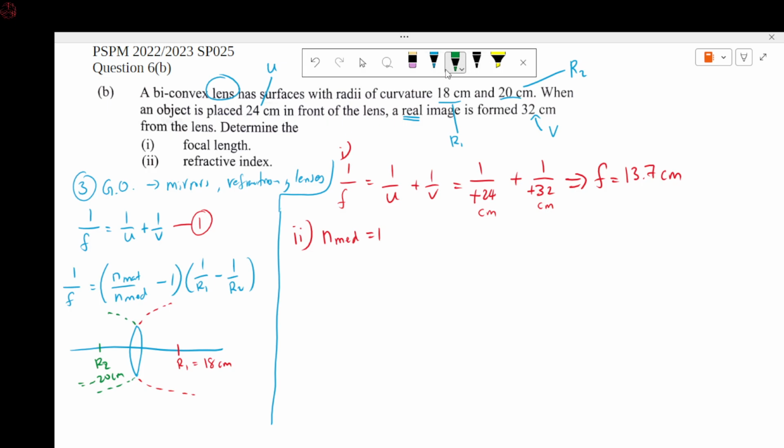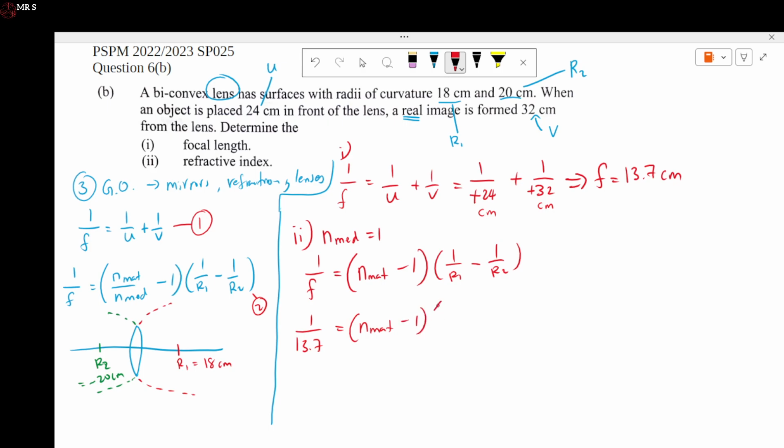So I can substitute these values into equation 2. I will have 1 over f, which I know. And then my medium is just 1, so I'm left with the refractive index of the material minus 1, times 1 over R1 minus 1 over R2. I know my f is 13.7. The refractive index of the material is what I'm looking for.